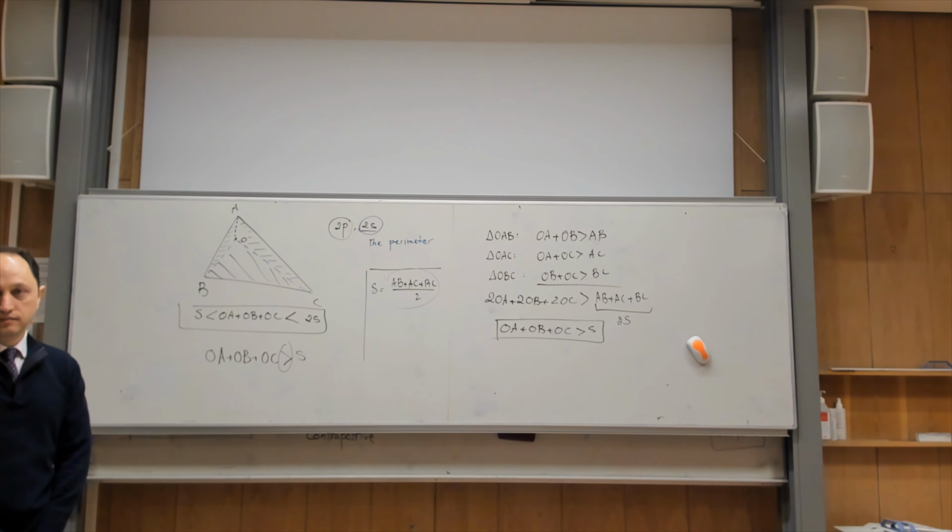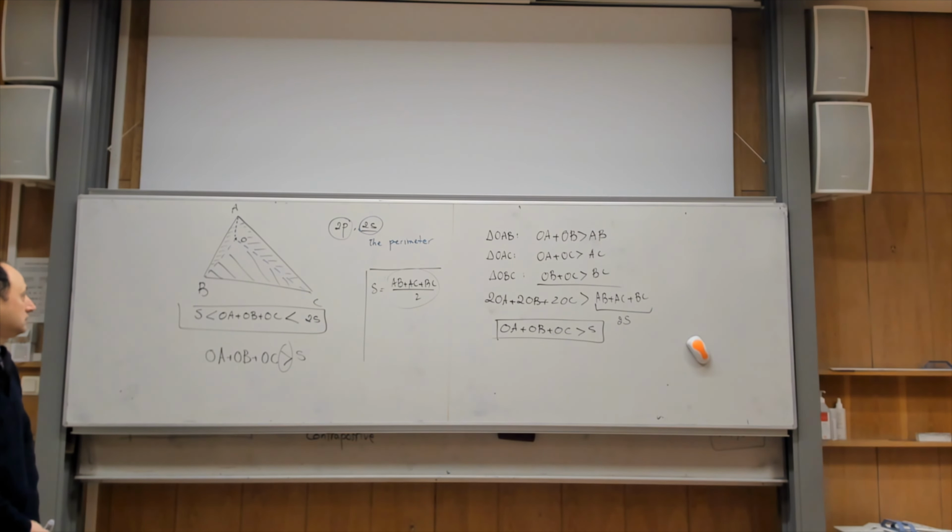It's not a complete proof, but maybe a strategy would be if we can prove that OC should be smaller than BC and that OA should be smaller than AC and that OB is smaller than AB.